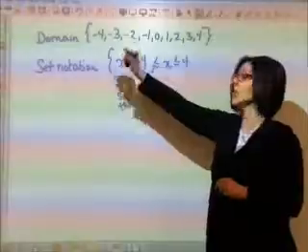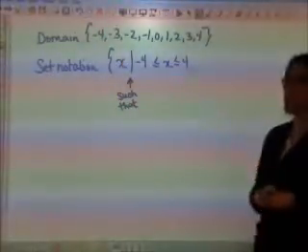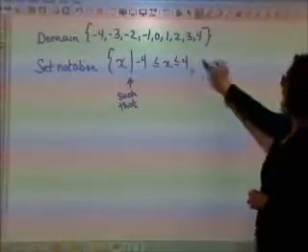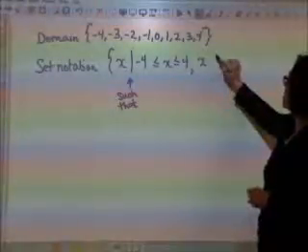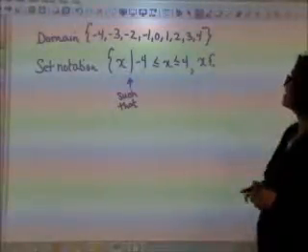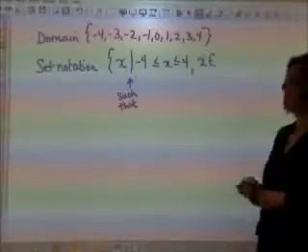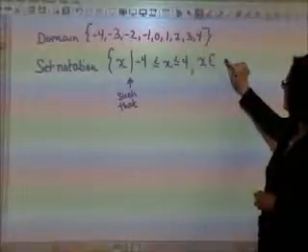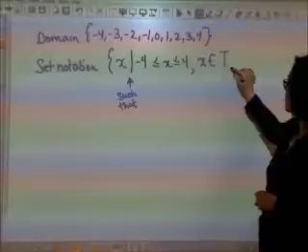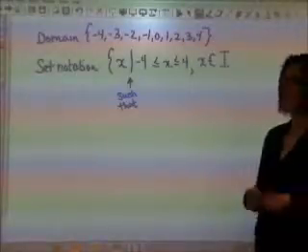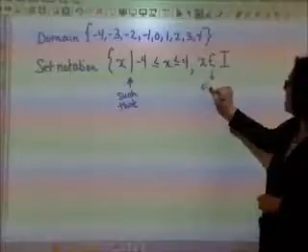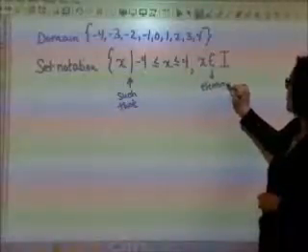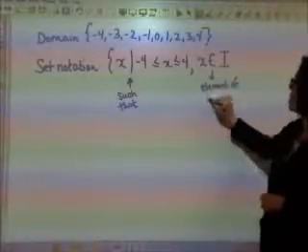An integer. So then, we put one last statement where we say x, and then we use another funny symbol. It looks like an E. And then we would have capital I. So this E here means an element of or belongs to.